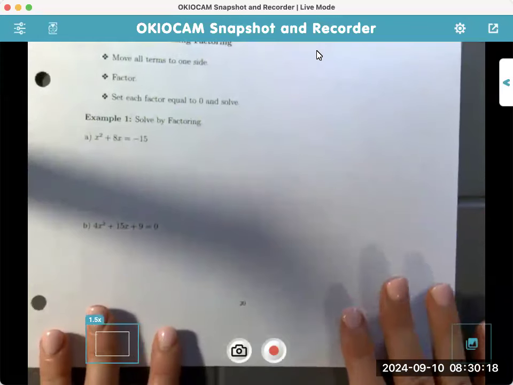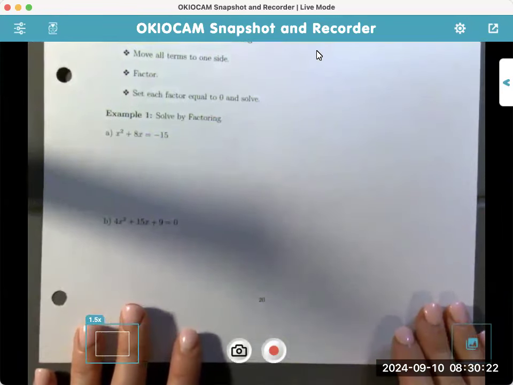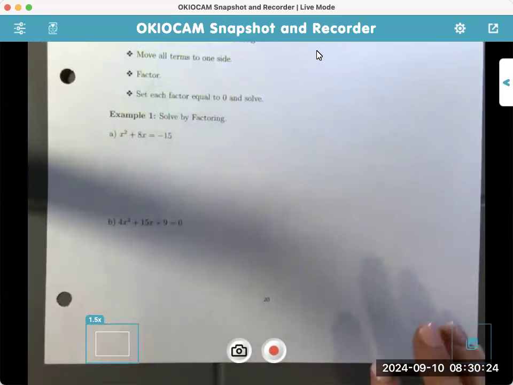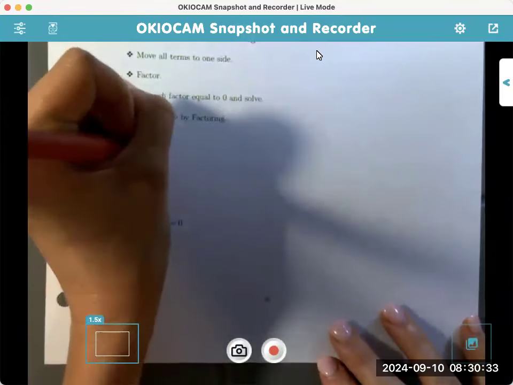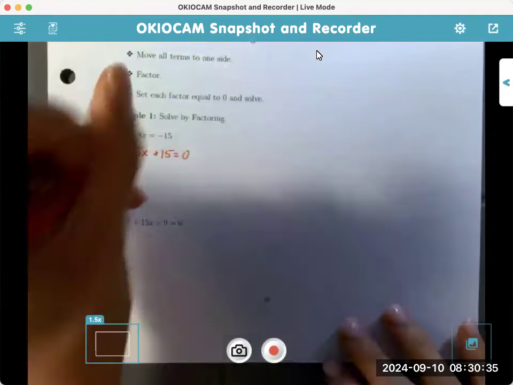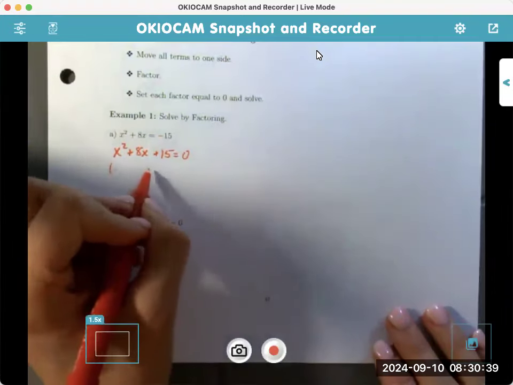So here, if I have x squared plus 8x equaling negative 15, well, what do we love quadratics to equal? 0. So we want to add that 15 over. There we go. And now, if we can, we want to think.